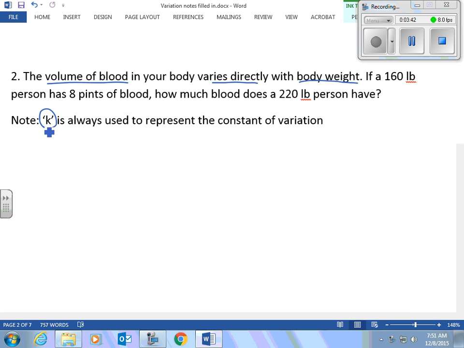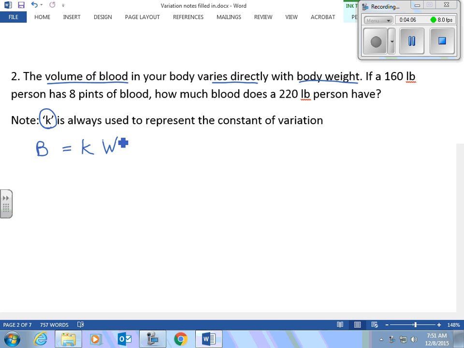So we could model this where B, which represents the volume of blood, equals K times W. Direct variation always has this type of formula. When we say the volume of blood varies directly with the body weight, K is going to be multiplied by the body weight.